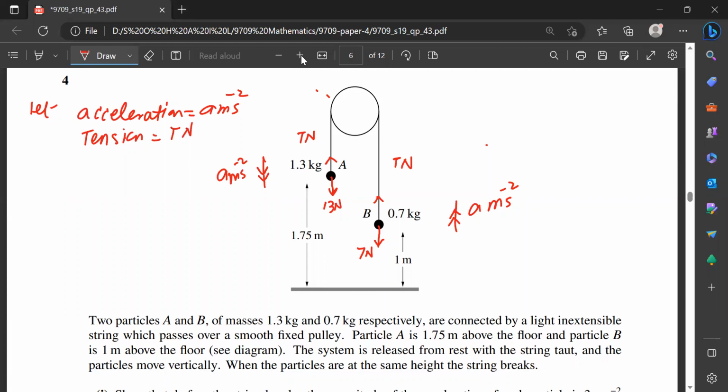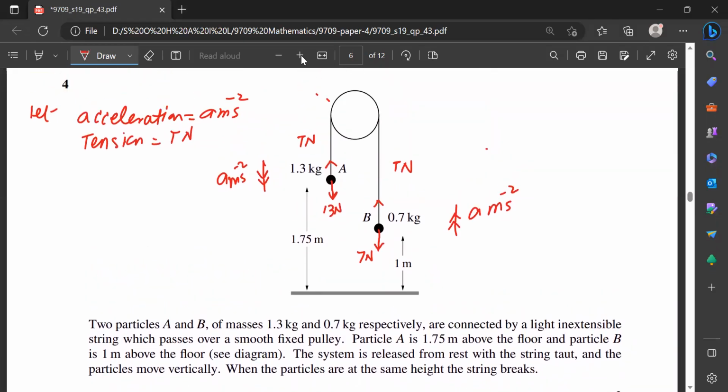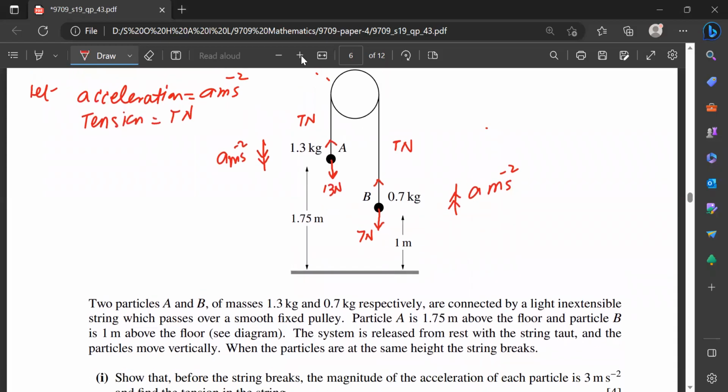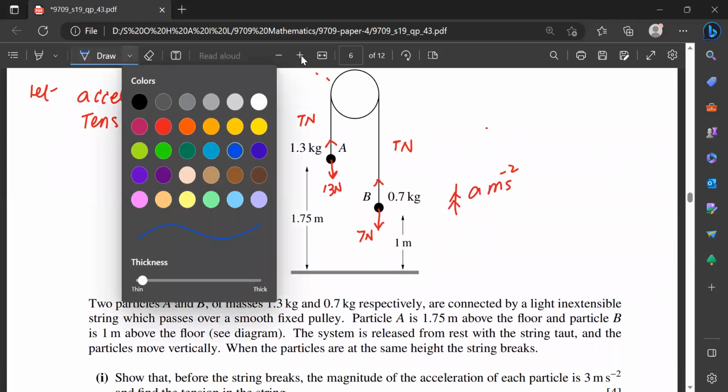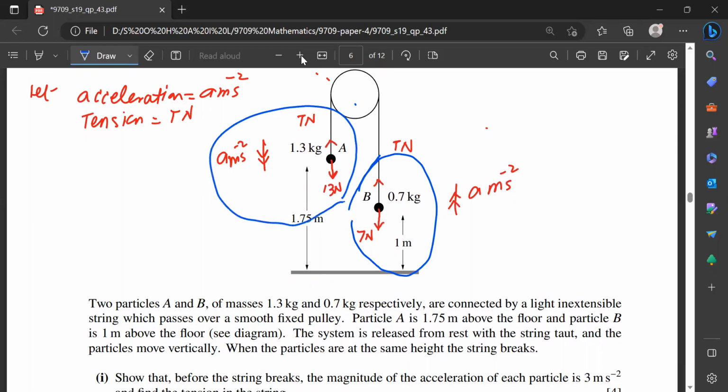So the question is to show that the magnitude of the acceleration is 3 meters per second square. Here, for the two particles, you can discuss the particles separately. We'll use Newton's second law for each particle separately, for the acceleration and for the tension.